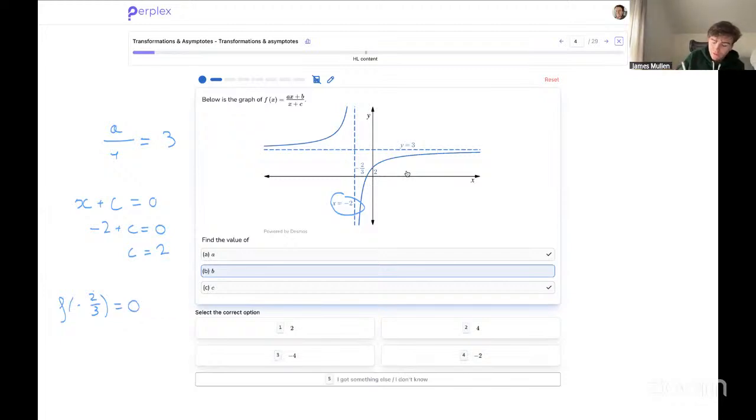Well, if something divided by something is 0, it's because the numerator is 0. So a times minus 2 over 3 plus b is equal to 0. And that means, because I found that a was equal to 3, that negative 2 plus b is equal to 0. All right? And if negative 2 plus b is equal to 0, then b is equal to 2.